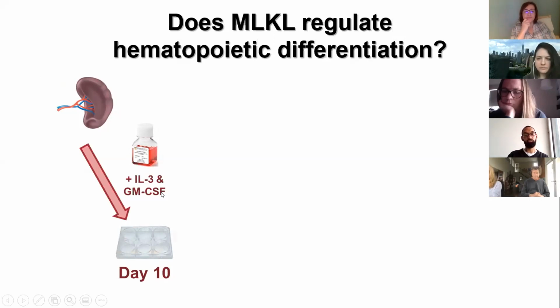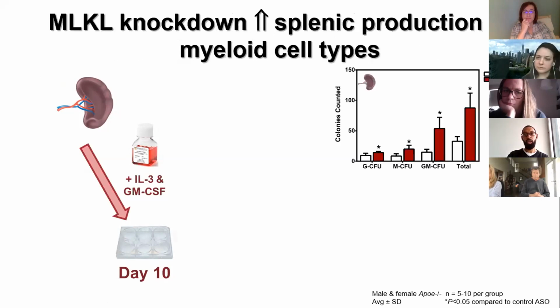And this is to push their differentiation and produce myeloid forming colonies. And when we scored the colonies, we noticed that there was an increase in the granulocyte, monocyte, and total colonies in the samples obtained from the splenocytes from the MLKL knockdown mice. So you can see here there was a significant increase in all myeloid colonies after MLKL knockdown.